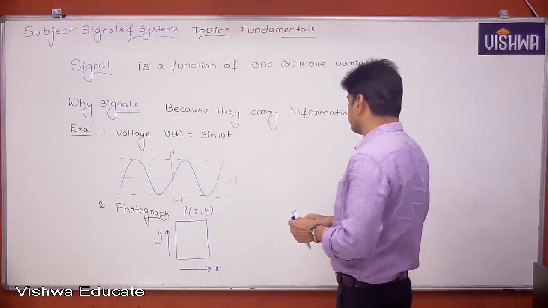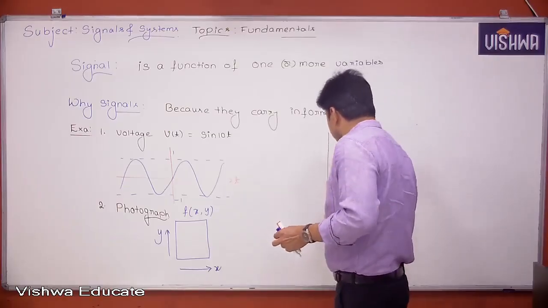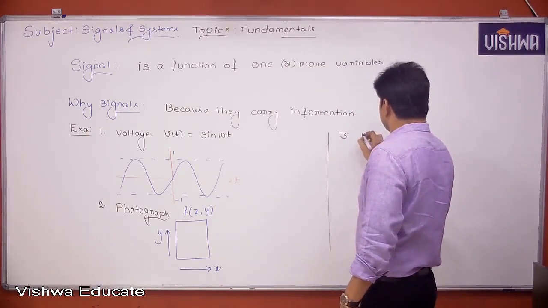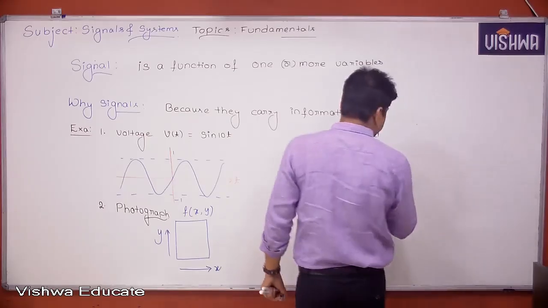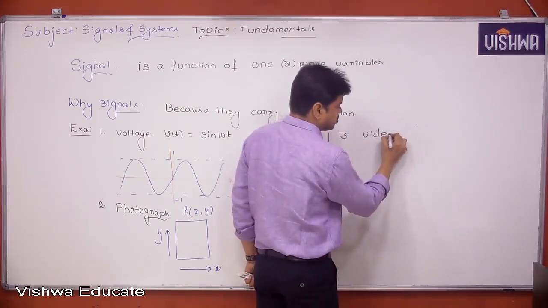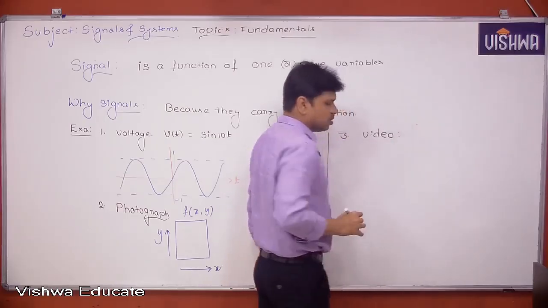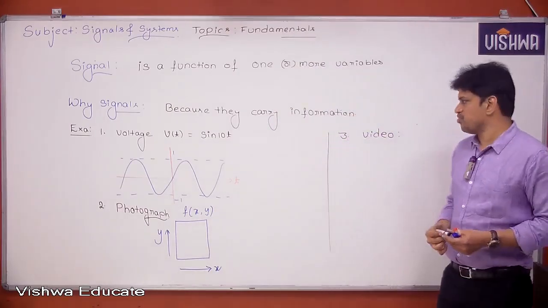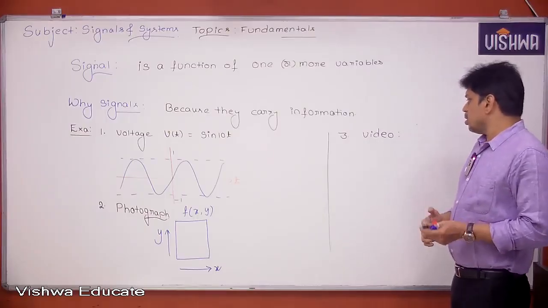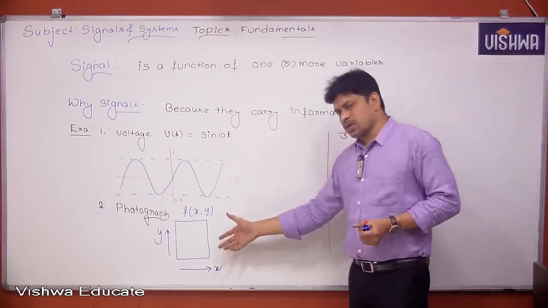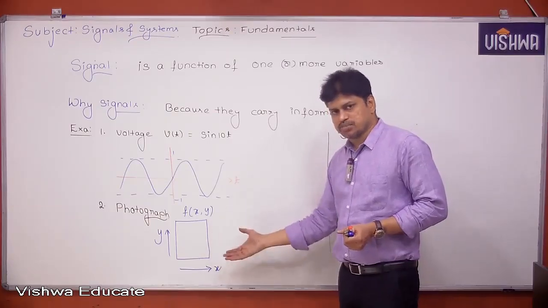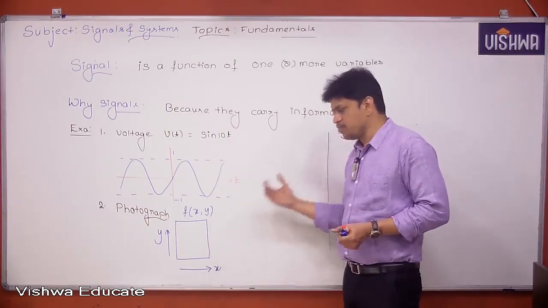Next, let's say the third example. Let's talk about video signal. Video, I can call it a signal because it is carrying some information. If a photograph keeps on changing with respect to time, that is going to create a video.